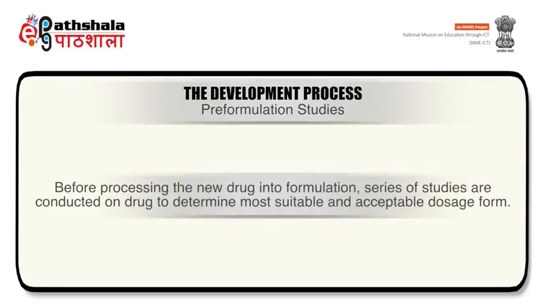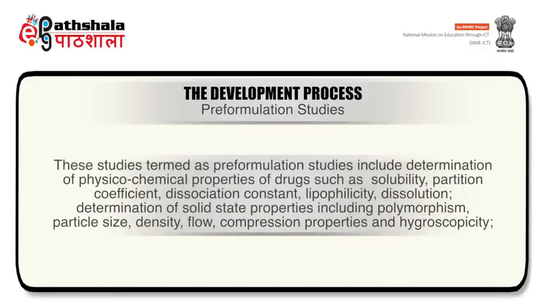Before processing the new drug into formulation, a series of studies are conducted on the drug to determine the most suitable and acceptable dosage form. These studies, termed pre-formulation studies, include determination of physicochemical properties of drugs such as solubility, partition coefficient, dissociation constant, lipophilicity, and dissolution.